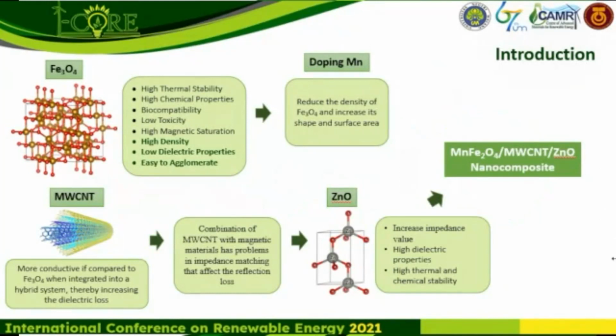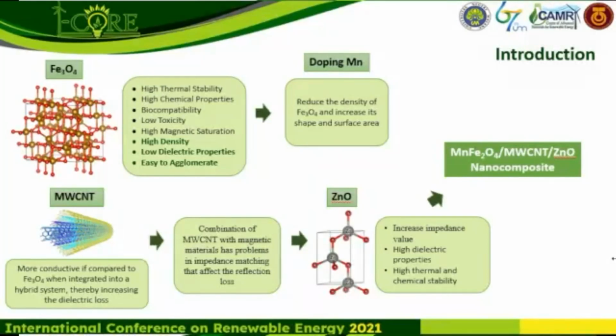For the introduction, as we know, among various iron oxides, magnetite has been greatly studied due to its properties and characteristics such as high thermal stability, high chemical stability, biocompatibility, low toxicity, and high magnetic saturation.